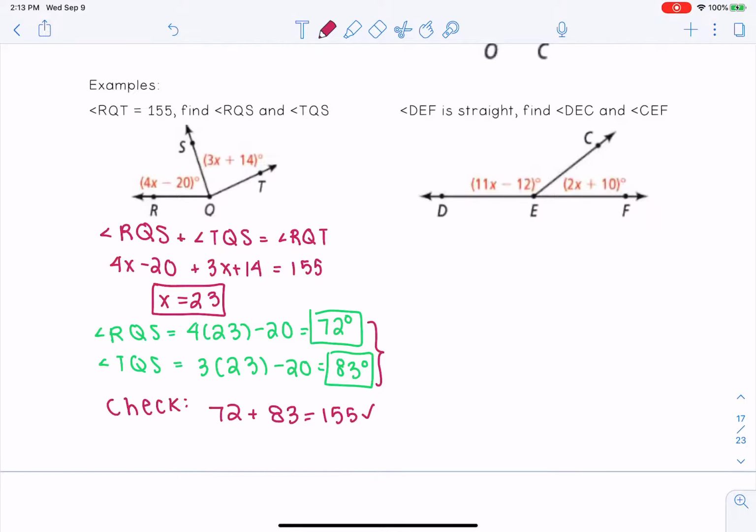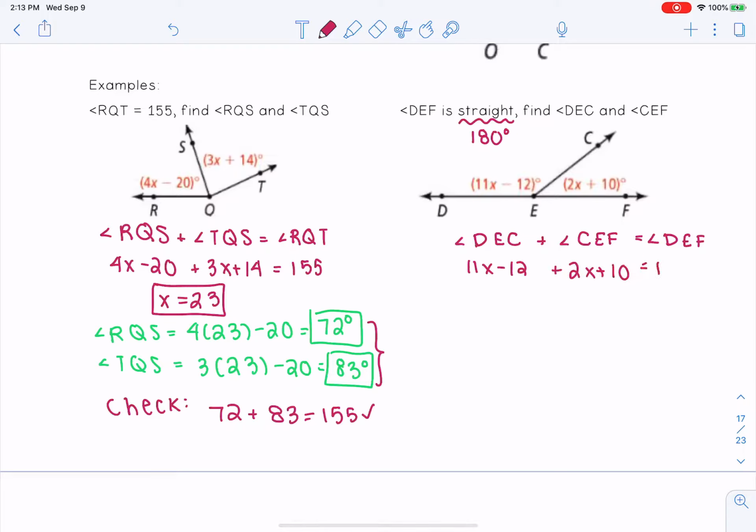Next one says angle DEF is straight, find angles DEC and CEF. So remember, this is going to mean it adds up to 180 degrees. So angle DEC plus angle CEF equals angle DEF. So 11x minus 12 plus 2x plus 10 adds up to 180 degrees, which means if we solve for x, x is 14.